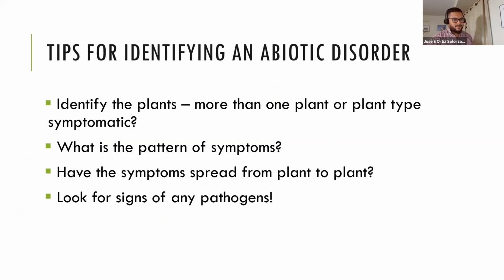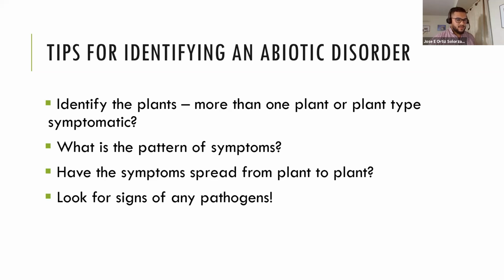So it is difficult to know exactly how to distinguish when a plant is affected by a living organism and when the disease is caused by a non-living one. Some tips: you need to look at how many plants are affected.